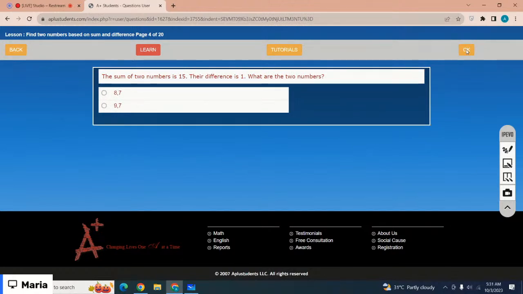The sum of two numbers is 15 and their difference is 1. What are the two numbers?